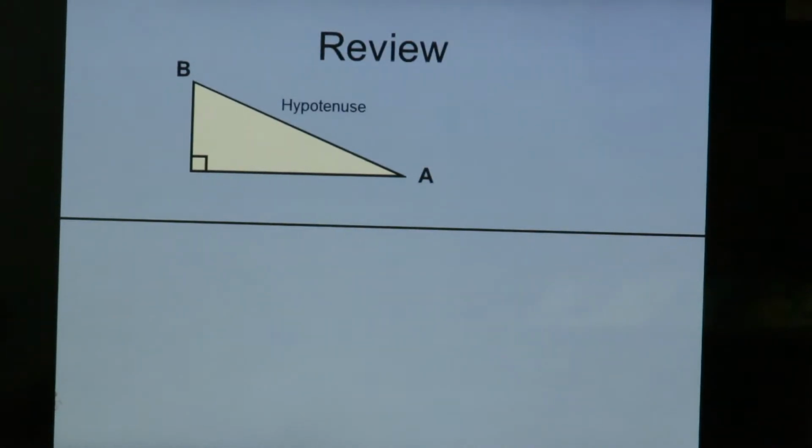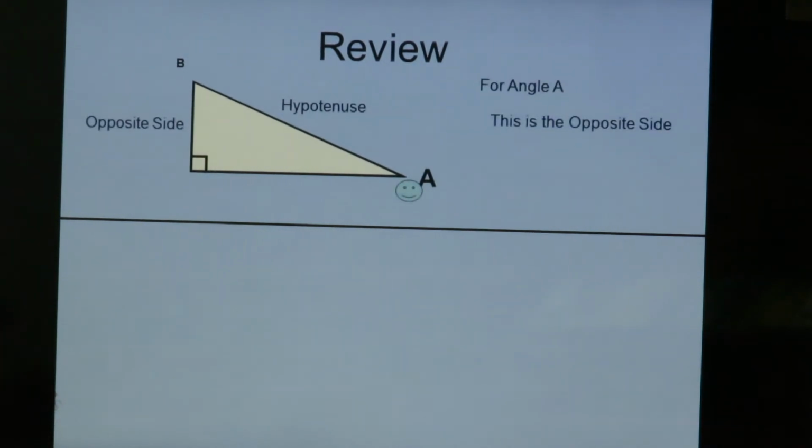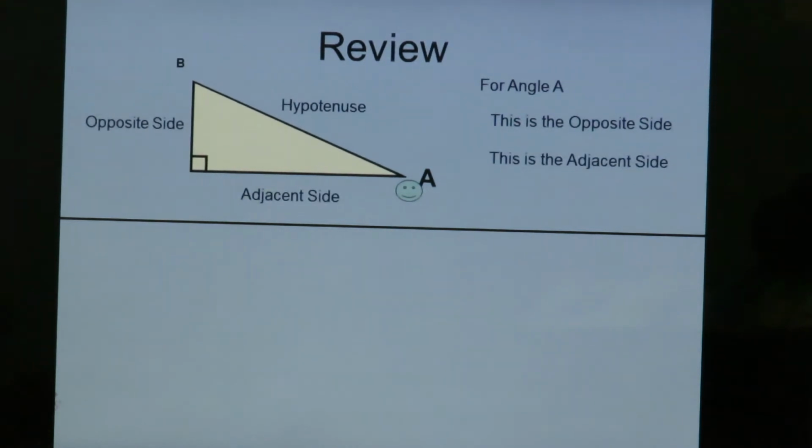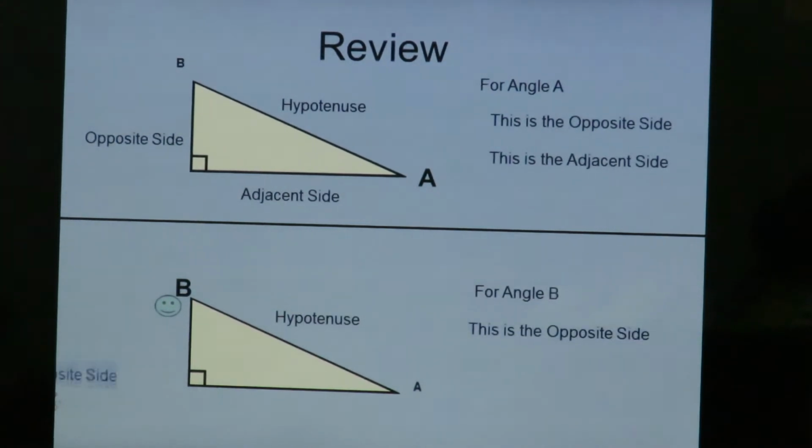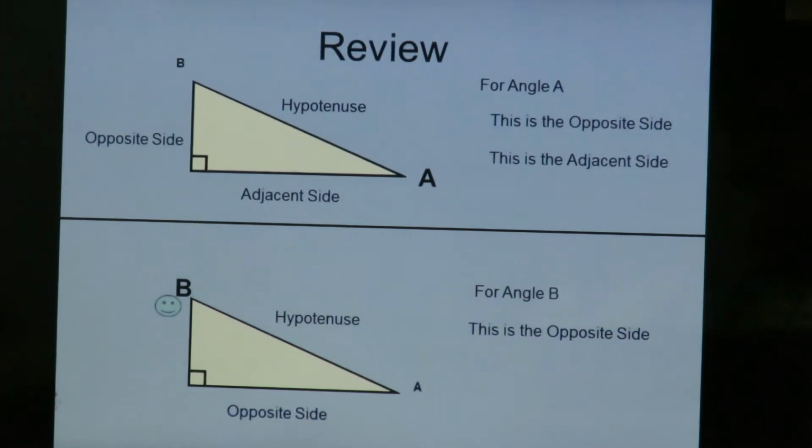Review. From angle A: hypotenuse, opposite side, adjacent side. From angle B: hypotenuse, opposite side, adjacent side.